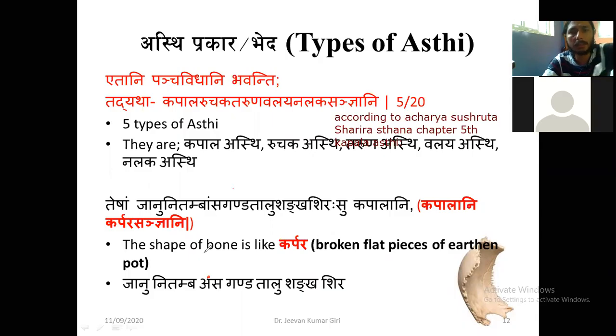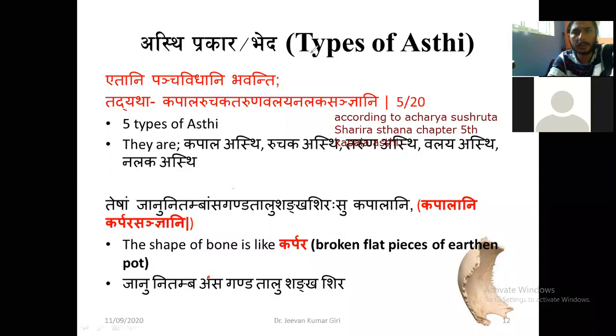This bone has a similar structure, so they are Kapala, like flat bones. Karpara means the broken flat piece. So you will find Kapala in Janu, Nitamba, Amsha, Ganda, Talu, Sankha, and Sira. They are examples of Kapala Asthi.